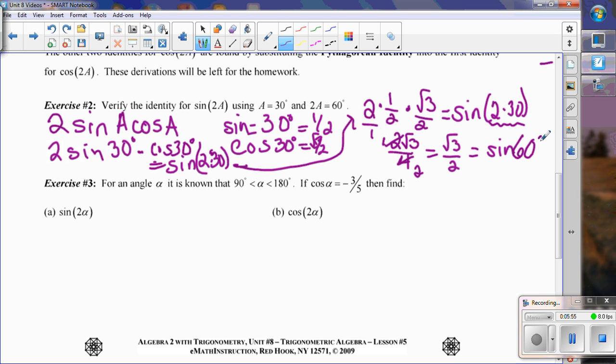That's 60. So what this formula has just shown is that if we use 2A being 60 degrees and plug in the whole thing just using regular A, then the sine of 2 times 30, which is the sine of 60, is equal to 2 times the sine A times cosine A, which would be 2 times 1/2 times square root of 3 over 2, which is square root of 3 over 2.